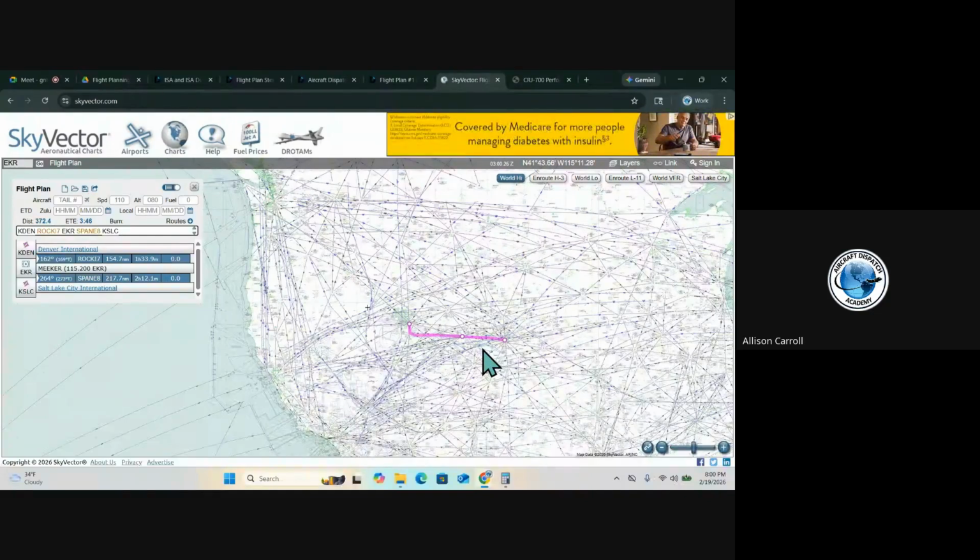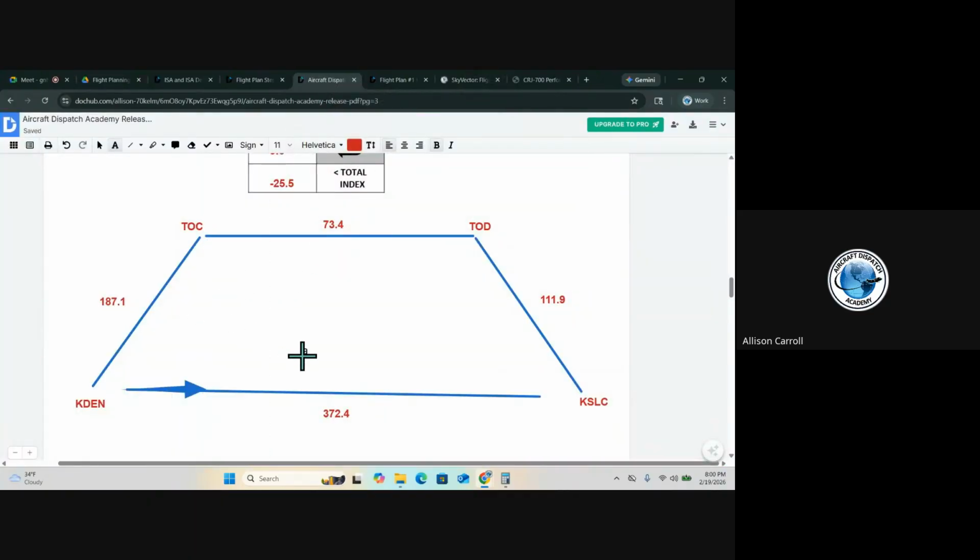And so in that case, because you're going such a long distance, during your cruise portion, chunk that up into smaller pieces. Okay. This one, we don't need to do anything because it's such a small distance of 73.4 miles. We don't need to chunk it up into smaller pieces.